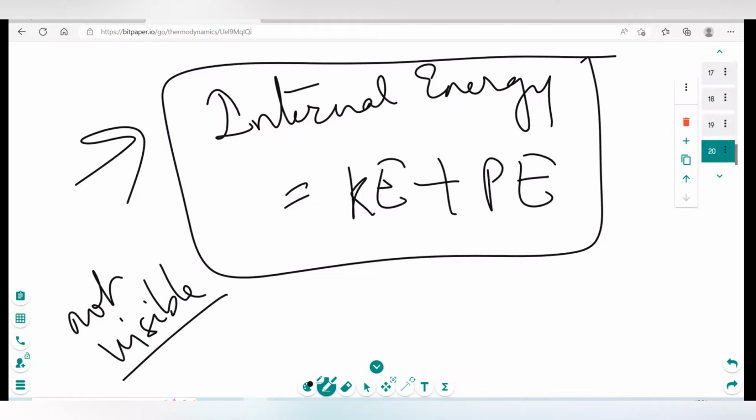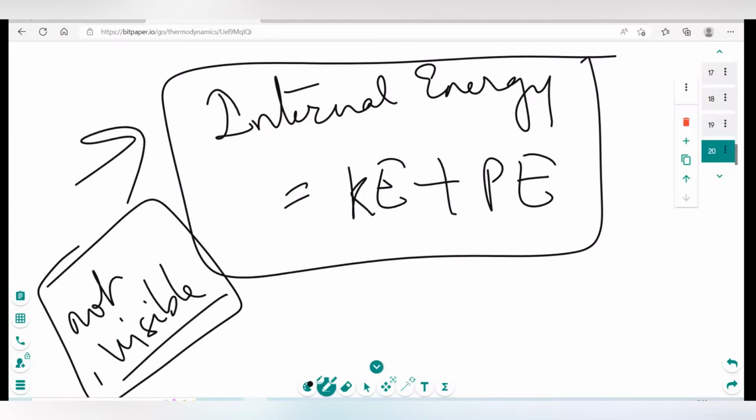Now, if I have to change the internal energy, what will happen? You said, ma'am, that it is not visible. If I have to change the internal energy, how will I come to know that there was energy or heat?